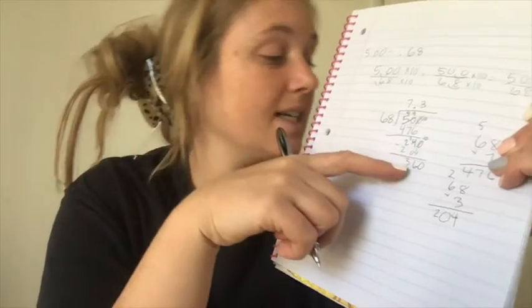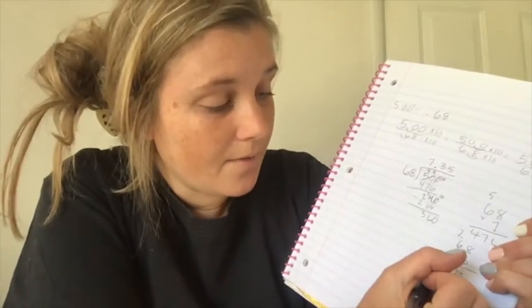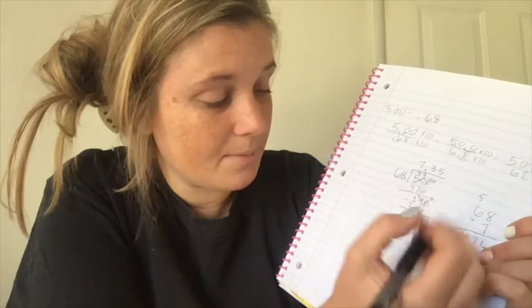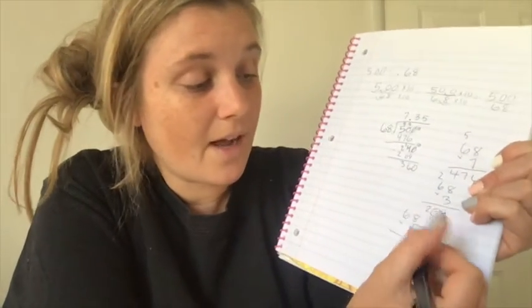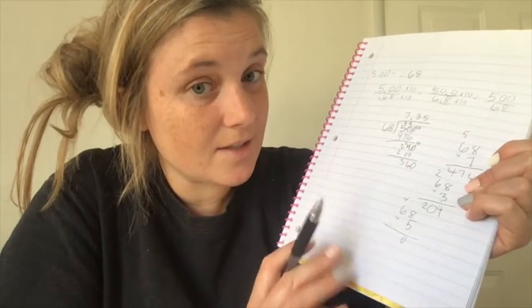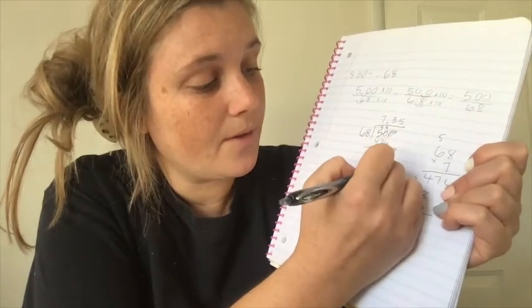How many times does 68 go into 360? Let's say 5. Okay. 5 times 68. 5 times 8 is 40. 5 times 6 is 30, 34, 340.